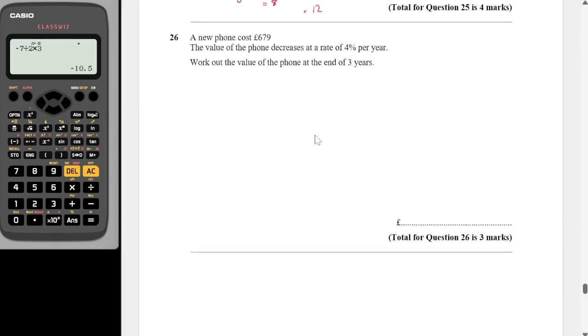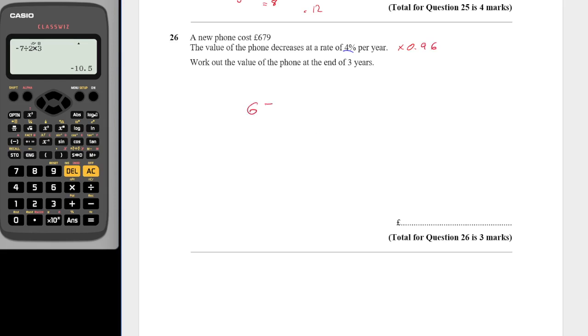26. A new phone costs £679. The value of the phone decreases at a rate of 4% per year. So decreases, so that's going to be a multiplier of 0.96. Find the value of the phone after 3 years.